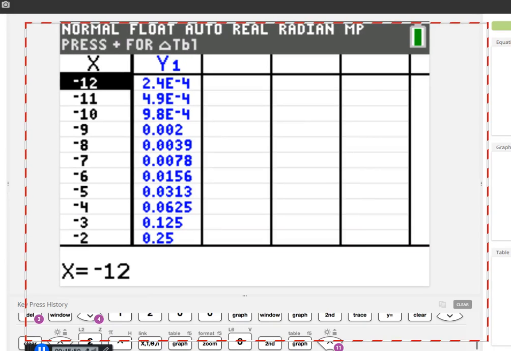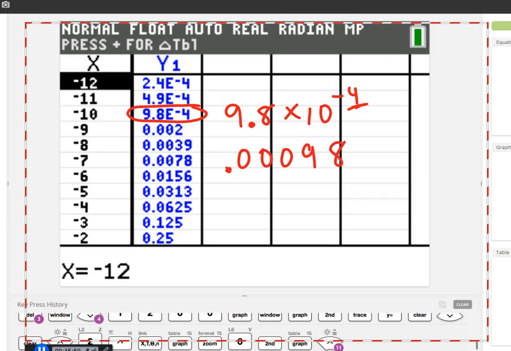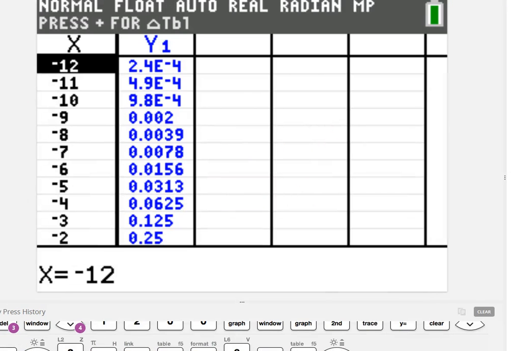This one right here is like saying 9.8 times 10 to the negative 4th, which means we've moved the decimal 4 times to the left. So this number is 0.00098. That tells us our y values are becoming very, very small decimals.